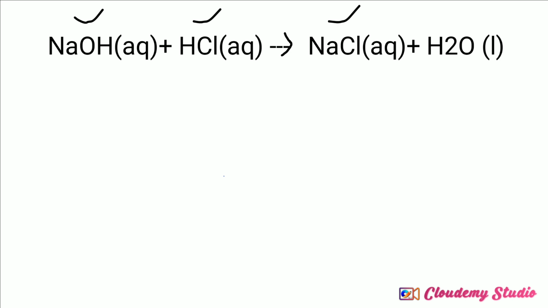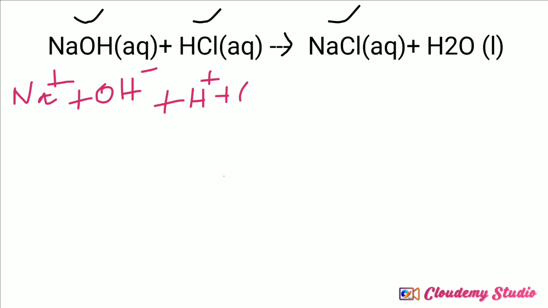So NaOH, what are the ions present? Na plus and OH minus. Then if we separate hydrochloric acid, what ions will we get? H plus and Cl minus.